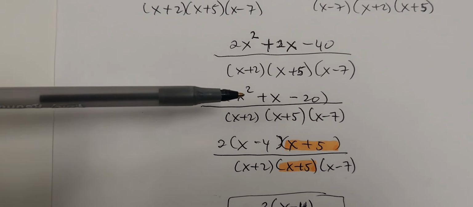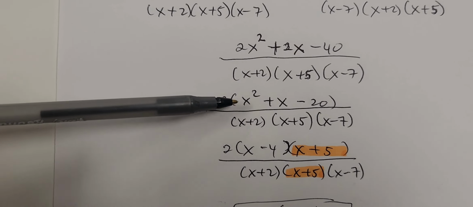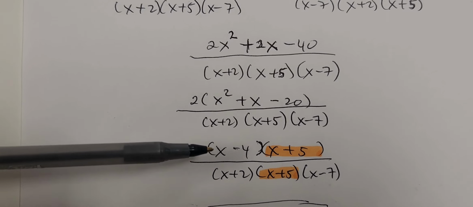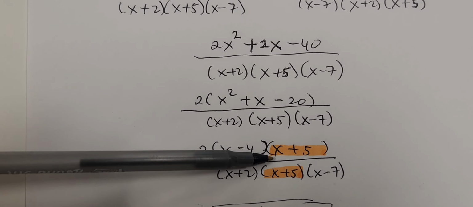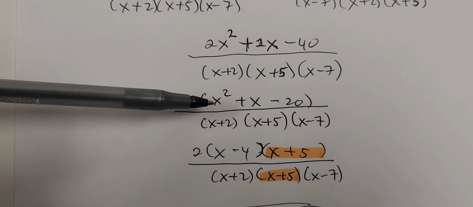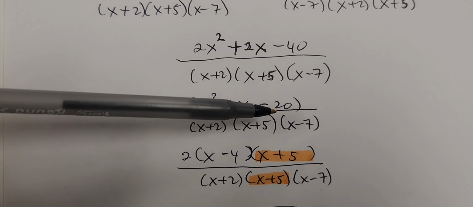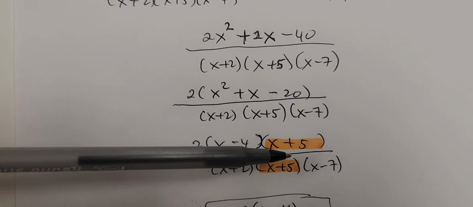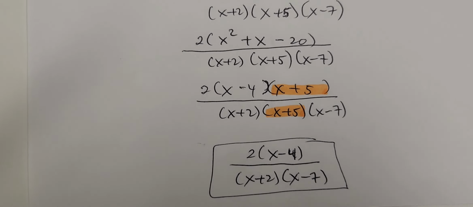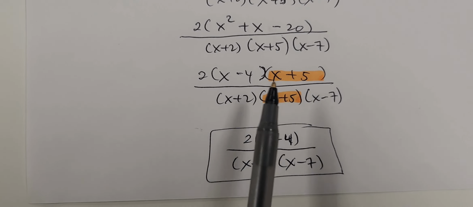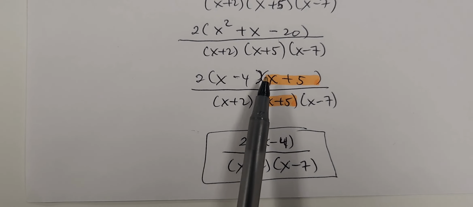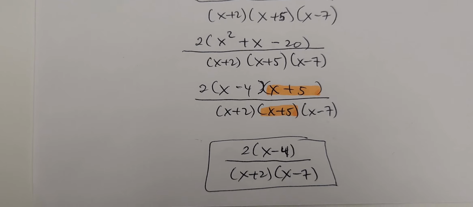Next, the inside right here where it says x squared plus x minus 20, I can factor into x minus 4 and x plus 5. One more time, this x squared plus x minus 20 can be factored into x minus 4, x plus 5. And then next step, if they are the same, cross cancel.